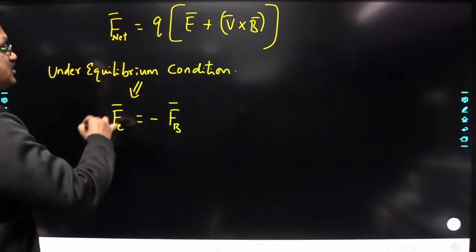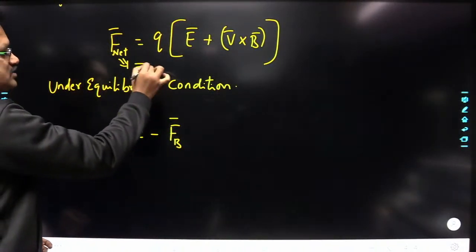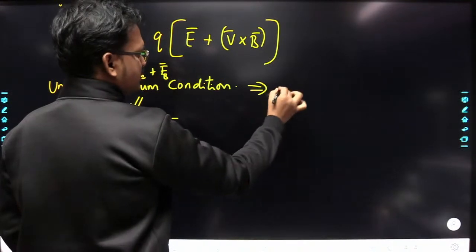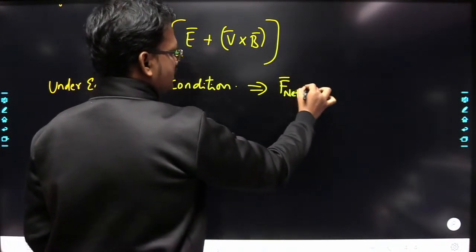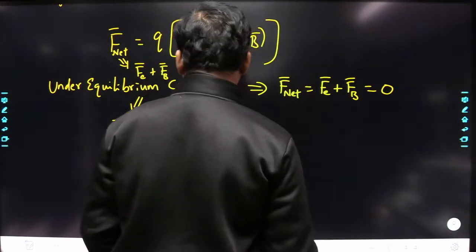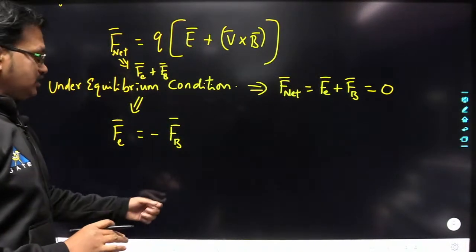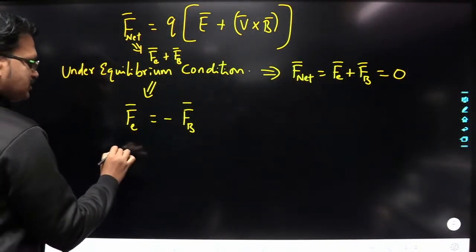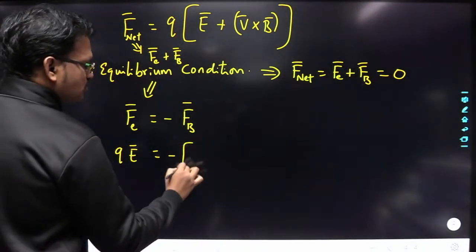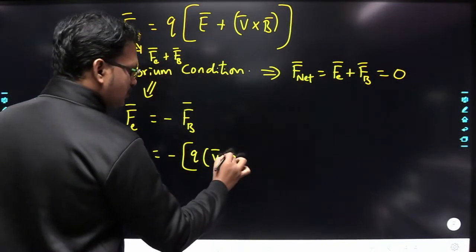Now F electrical is Q into E bar, and this is equal to minus of the magnetic force, which is Q into V bar cross B bar.